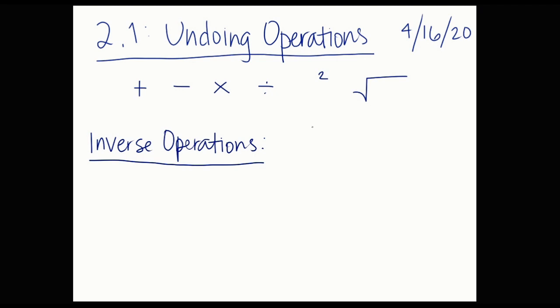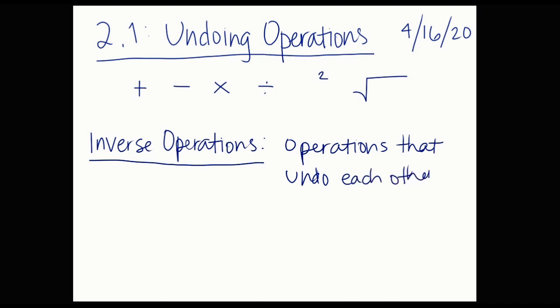So if we think of inverse operations, I want you to think of operations that undo each other. If I'm adding, the inverse operation of adding would be subtracting. If I add something and then I take it away, it's like I never did anything in the first place.